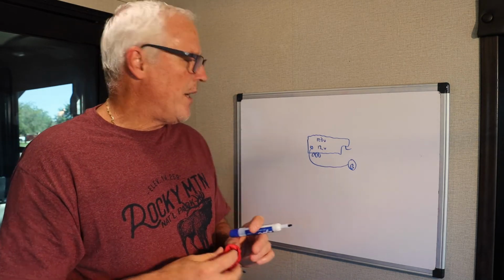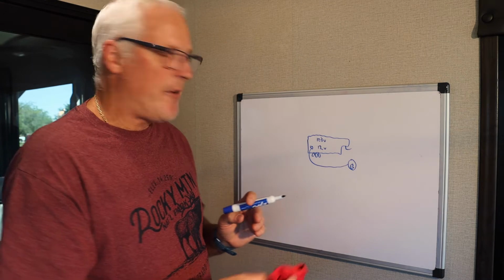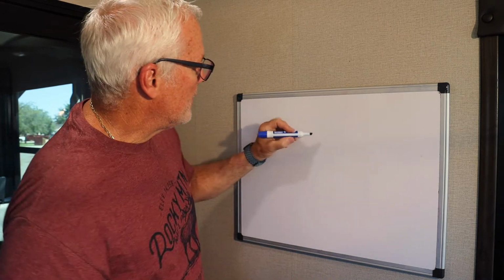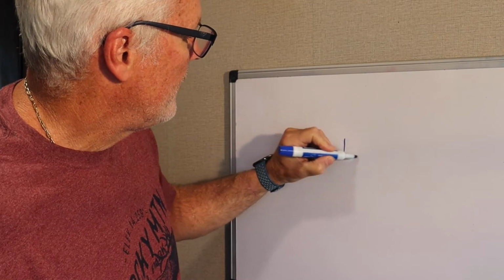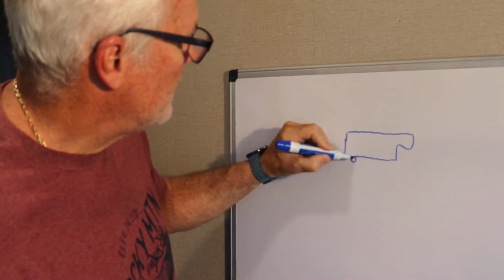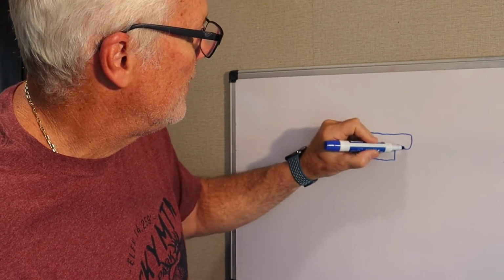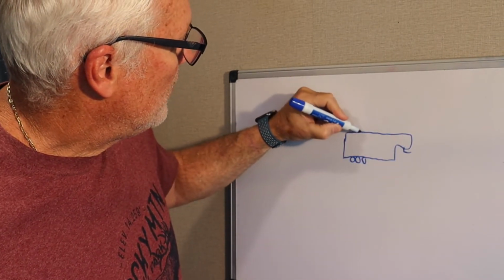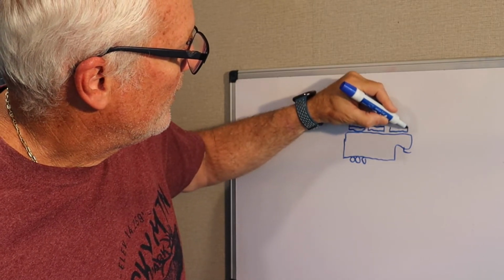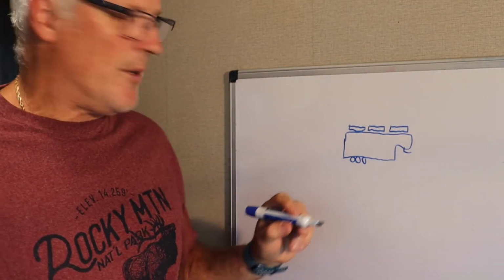Now, there's another way of doing this. We already kind of spoke about this, but you also have solar. I think these are getting worse every time I draw them. So now we're out boondocking and we have solar.